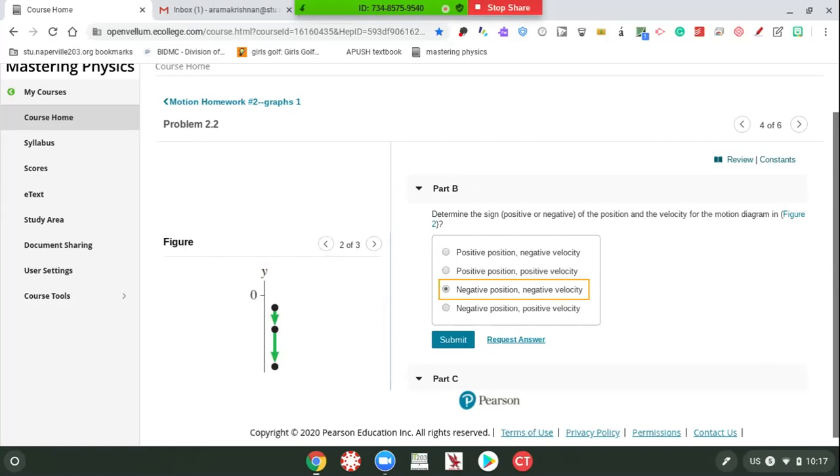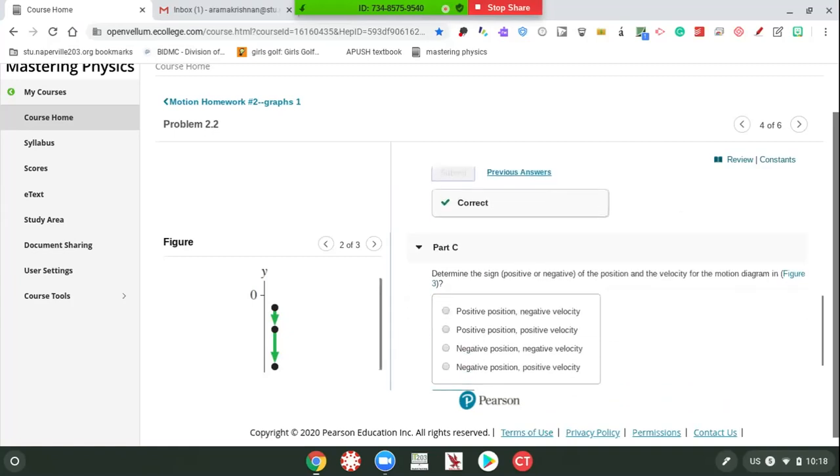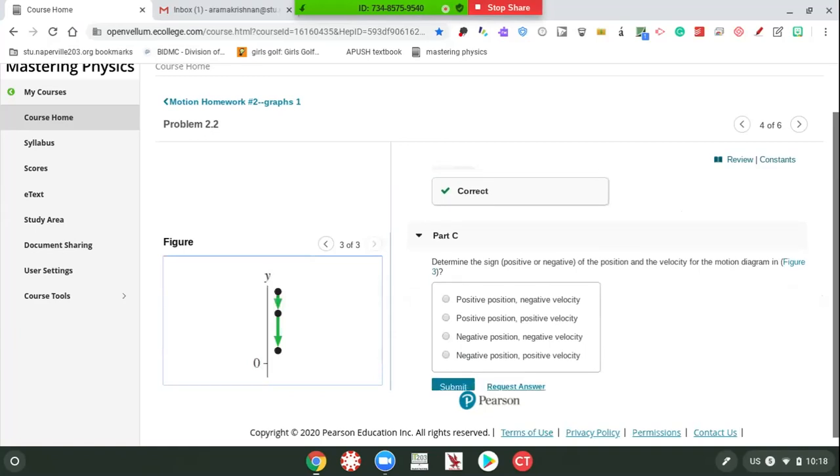Here instead of the x-axis, we have the y-axis. Yes. So position is measured in terms of y. Yeah, submitted. Correct. Okay, figure 3. Determine the sign of the velocity.